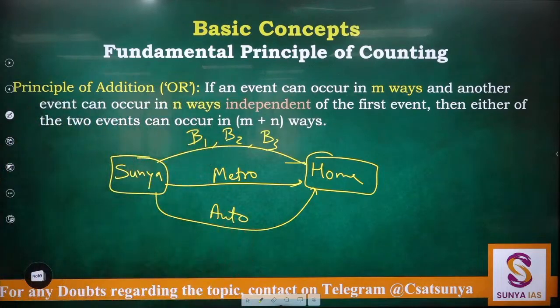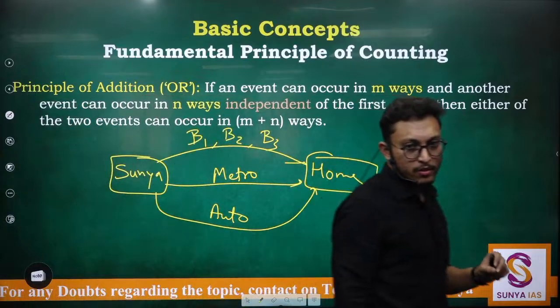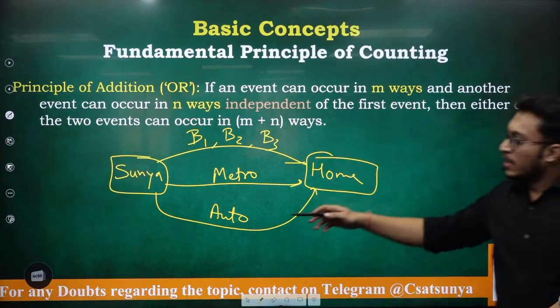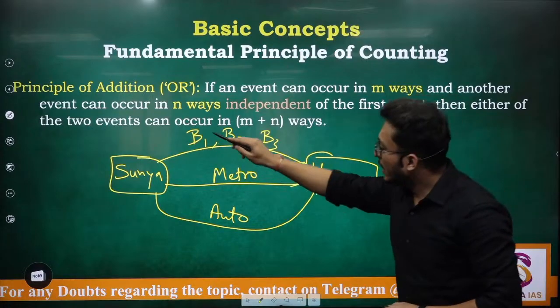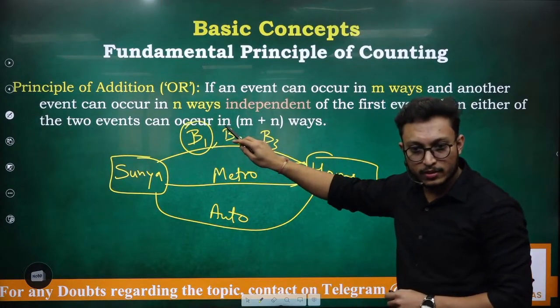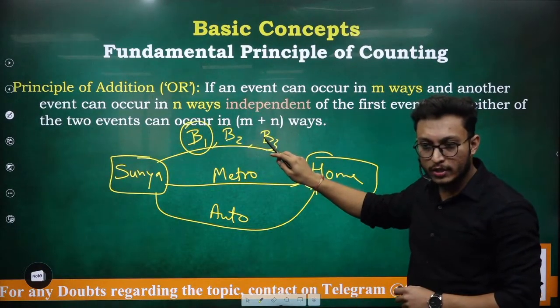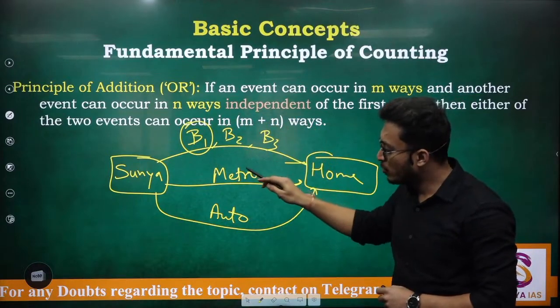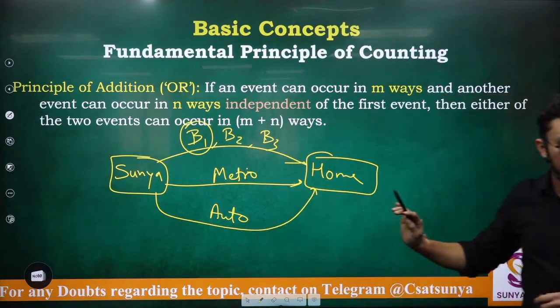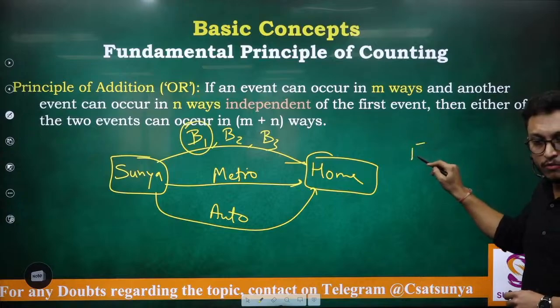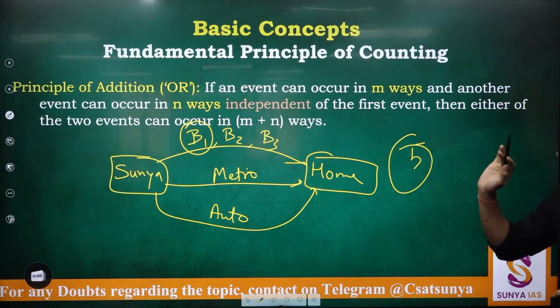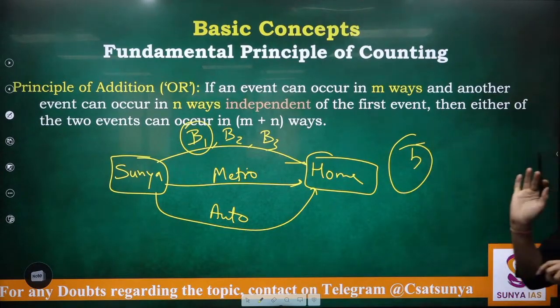Tell me how many ways are there by which you can reach your home from here. If you are taking this bus, you cannot take this. If you are taking this, you cannot take this. If you are taking either of these, you cannot take an auto or a metro. So in total you have 5 ways. This is simple addition.